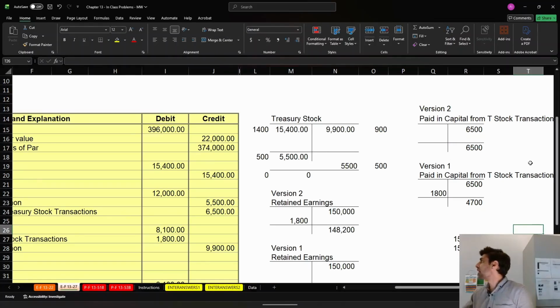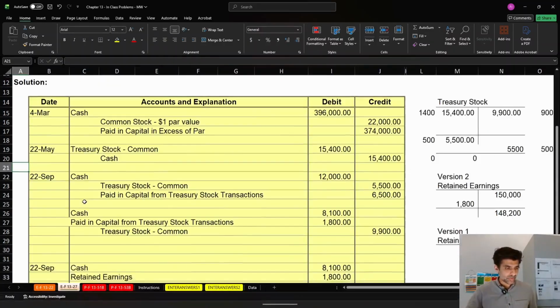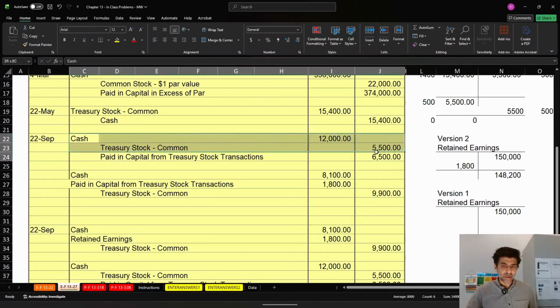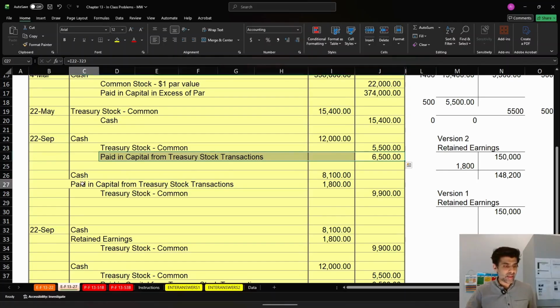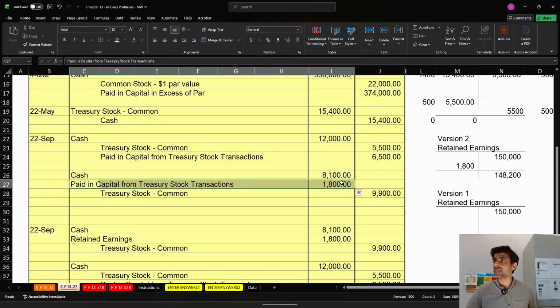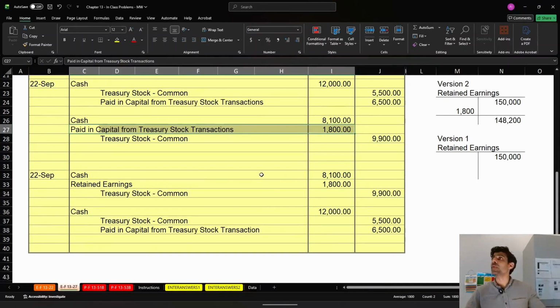I was trying to demonstrate that the order actually does matter, because if you took that loss first, you wouldn't have had a balance in this paid in capital. In the first version, since we got this gain, we have this balance, right? We could then take it out when we had a loss. If you reverse the order, you don't have that paid in capital account because you're taking the loss first.